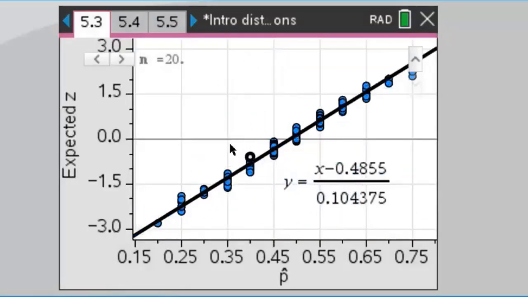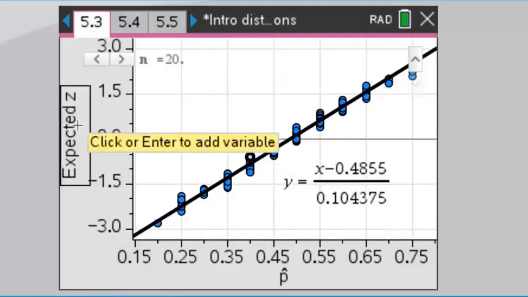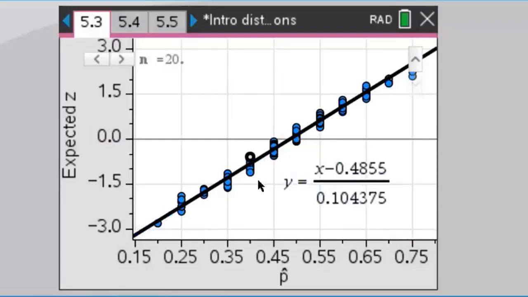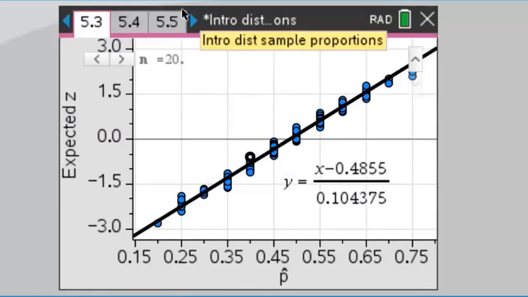Now, what the normal probability plot shows is the expected value if the data was exactly normally distributed against the actual value. So if it was a perfect normal distribution, then all of those points would be on the line. Now, we see that not all the points are on the line, but it's actually not too bad. So we can see that the normal distribution is a reasonable model for the sampling distribution.